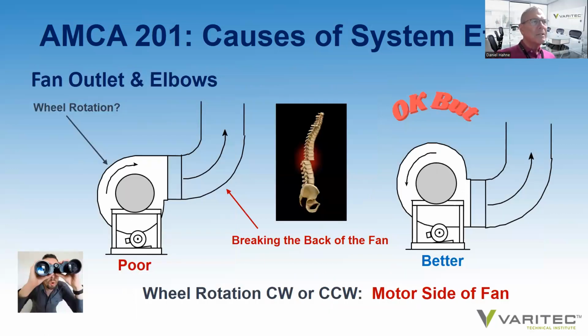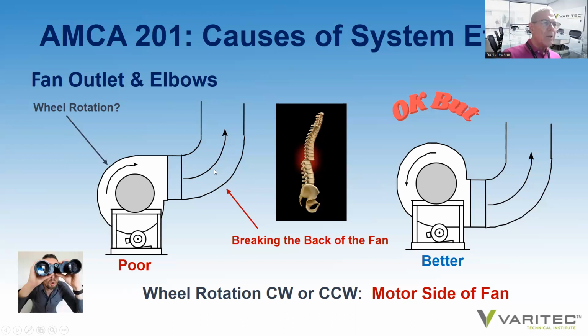So when an engineer is designing fans and the ductwork connected to the fans, the engineer needs to pay attention to where duct transitions are in relation to the outlet of the fan. A very severe condition occurs when a 90-degree elbow or even a 45-degree elbow is connected to the discharge of the fan in a direction opposite to the rotation of air.